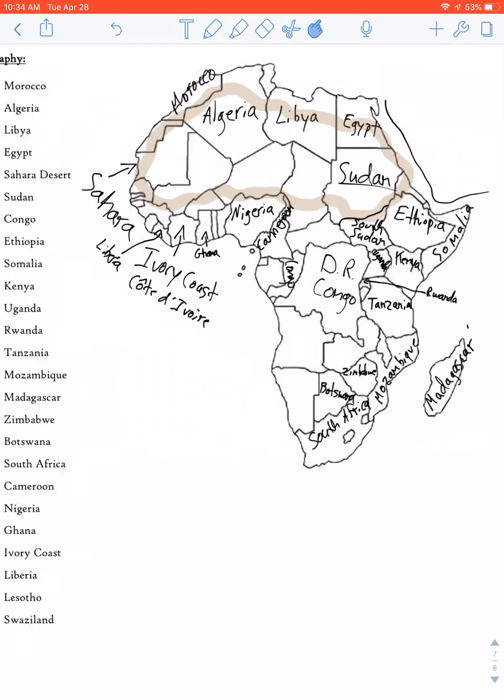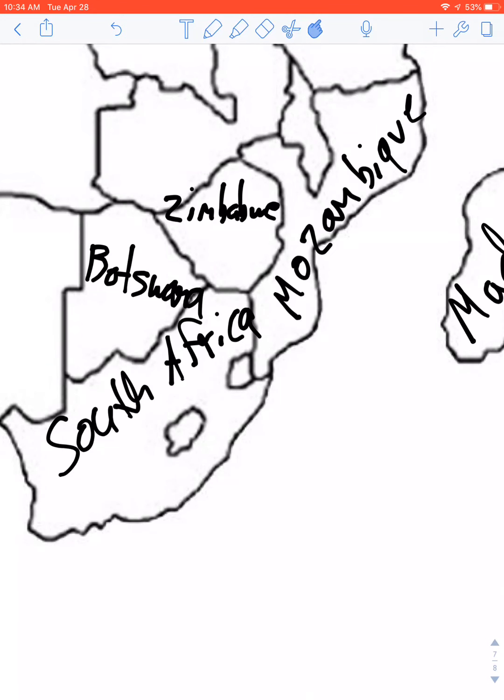So let's go down here to South Africa, actually. Okay. So this guy right here, that's Lesotho. Right in there, right in the middle of South Africa. They're surrounded by South Africa.